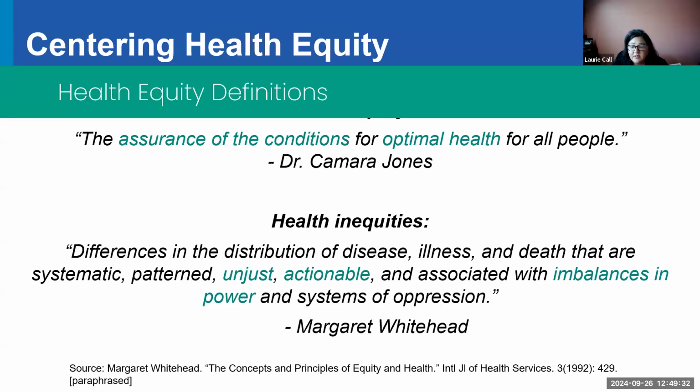Despite many of our public health efforts, there are still many communities, even in our own state, that do not have the opportunity to achieve the level of health that they would like to. There are differences in opportunities and what we call health inequities, those preventable differences in the distribution of disease and death that are systematic, patterned, unjust, and associated with imbalances.